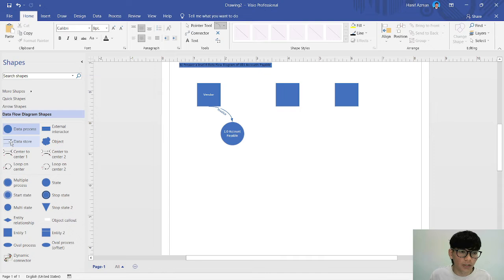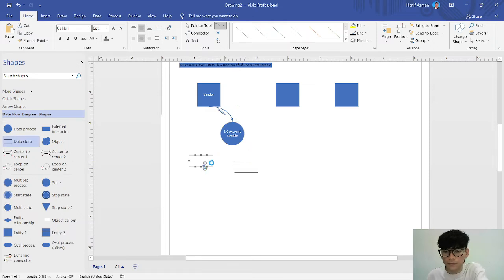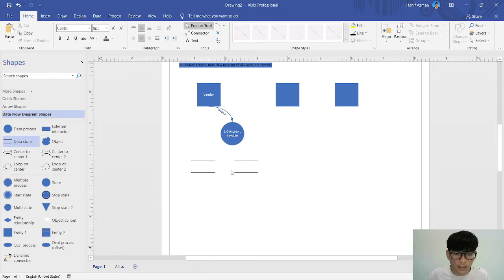And then I will put a data store here. A data store is a place or medium where system data is stored.